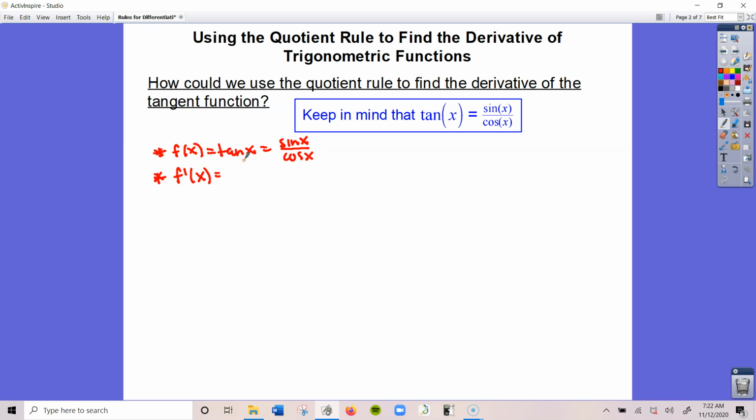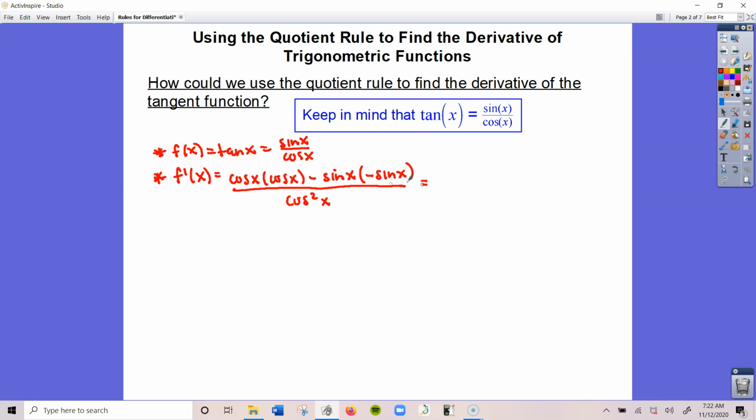So here we go. Low, cosine x, times the derivative of the numerator, which is cosine x, less high, so sine x, times the derivative of the denominator, which is negative sine x, all over cosine squared x.